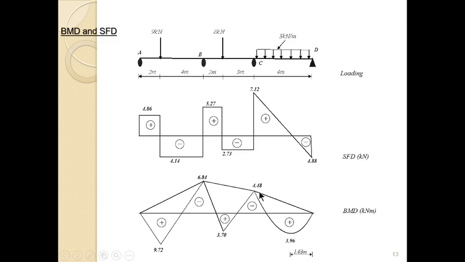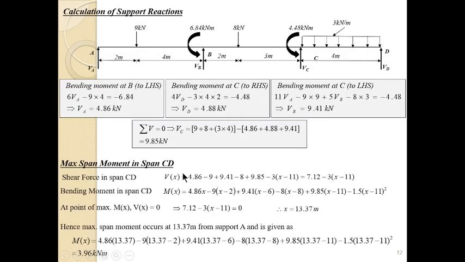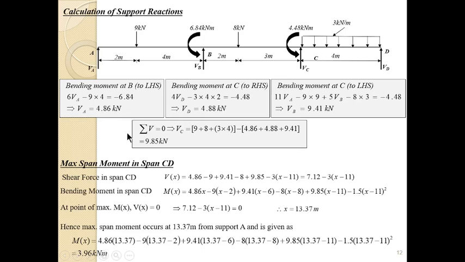But here, we cannot just use from here to here. We don't know exactly the distance where this maximum is. These points are easy because we know the maximum moment is under the point load. But this one, we don't know exactly where the maximum moment is. So what we do, like we did in example 1, we write the bending moment equation for this span, which is this.